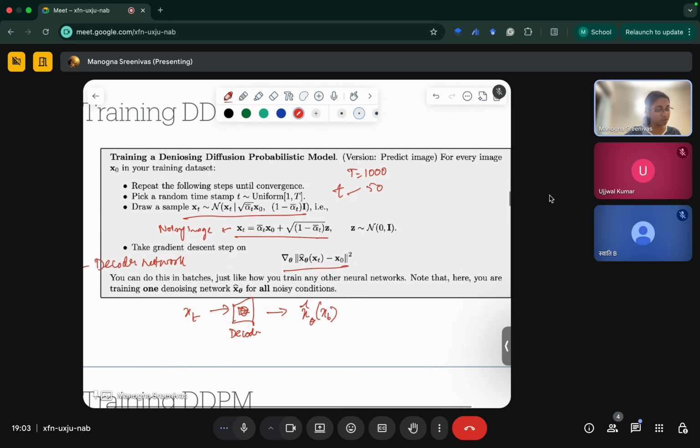Now this is a predicted clean image. So the objective is what? I want to update the decoder parameters such that what it predicts is close to my real ground truth image.